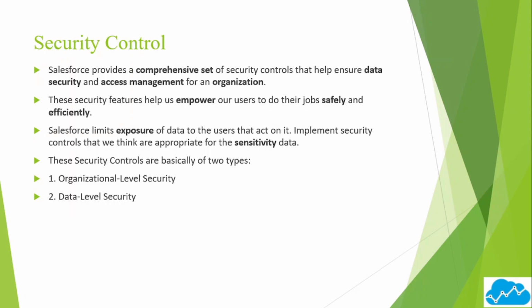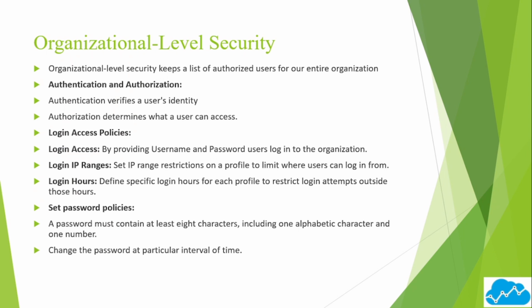These security controls are basically of two types: organizational level security and data level security. Let's see what organizational level security is. This security keeps a list of authorized users for our entire organization.